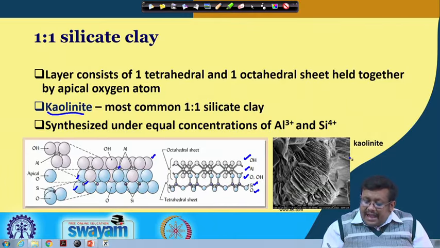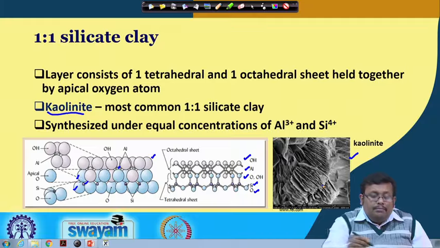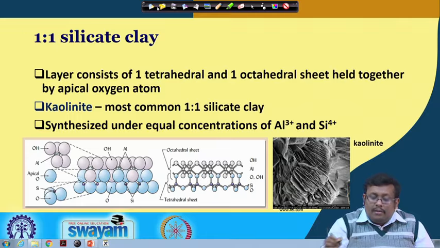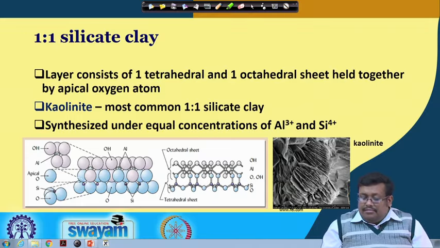And this is the actual structure. You can see these are basically hexagonal flakes. These individual layers are hexagonal in shape, and this is how kaolinite will look under the electron microscope.